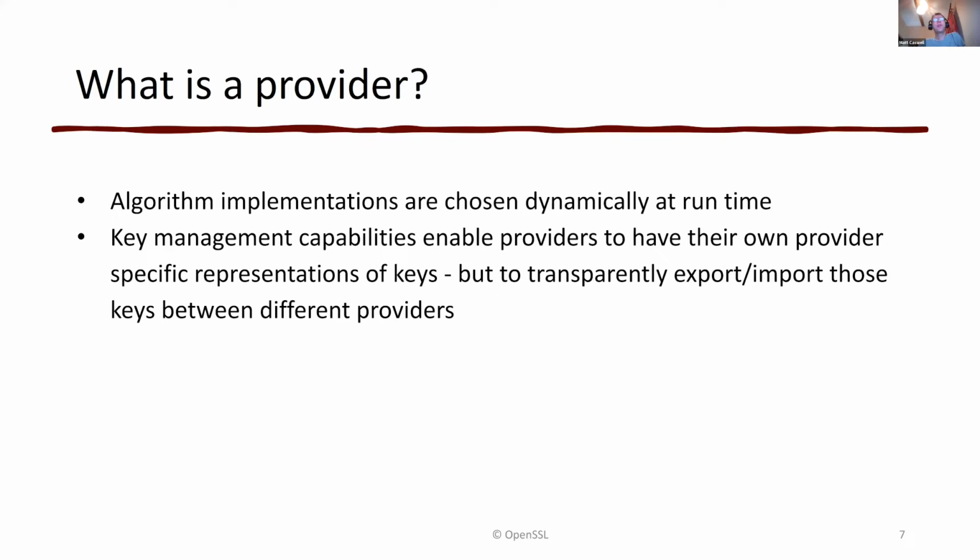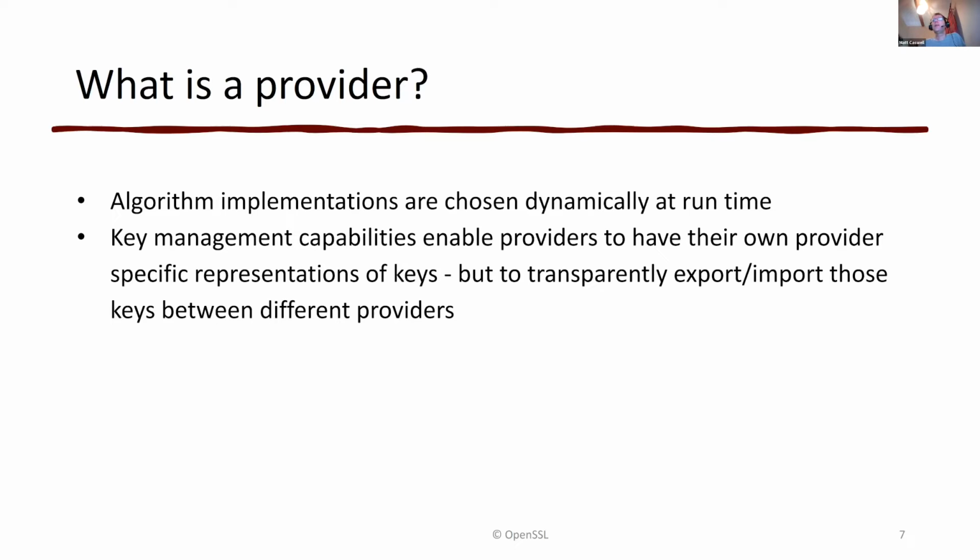It's important to understand that each provider has algorithm implementations, but which implementation you actually run is chosen dynamically at runtime. You can have multiple implementations of the same algorithm available to you from different providers. For example, the FIPS and the default providers that we have both contain the same algorithms, and which one is selected for use is chosen dynamically.